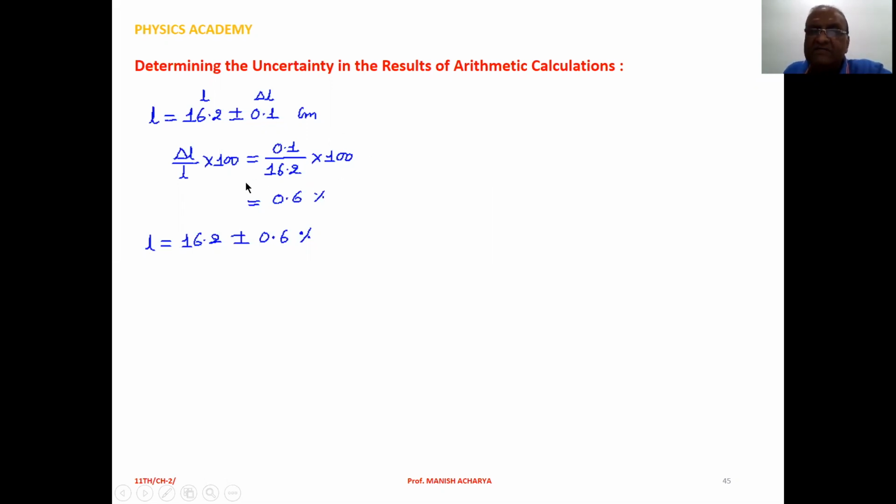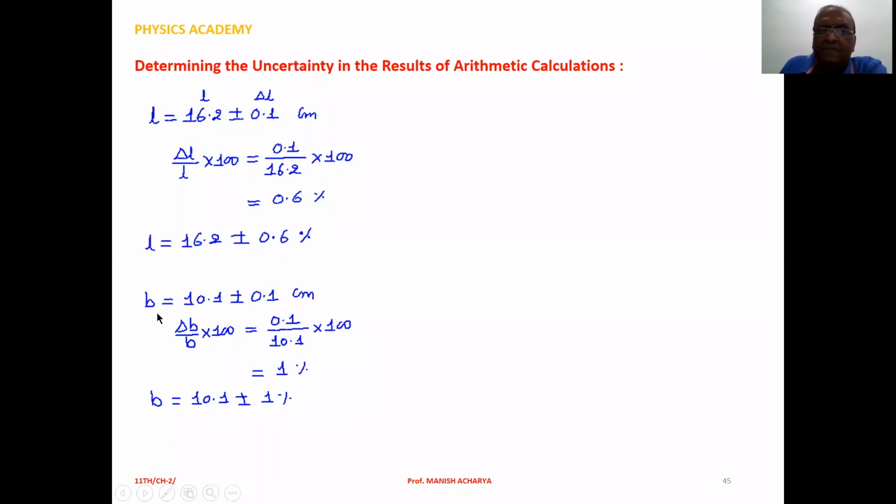Whatever your answer is, the error appears with one significant digit after the decimal point. So you have to represent the final result in error with only one significant digit. So you can rewrite this length as 16.2 plus or minus 0.6 percent. Clear?